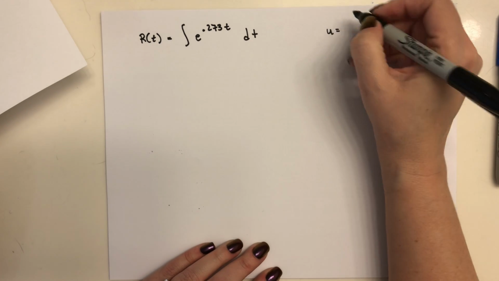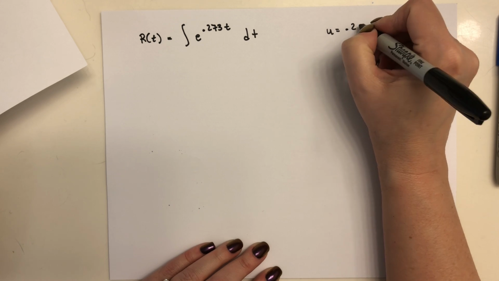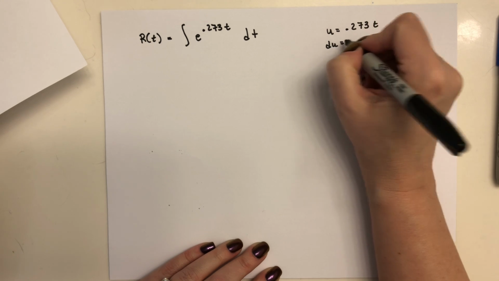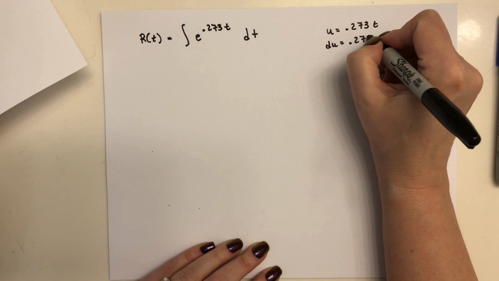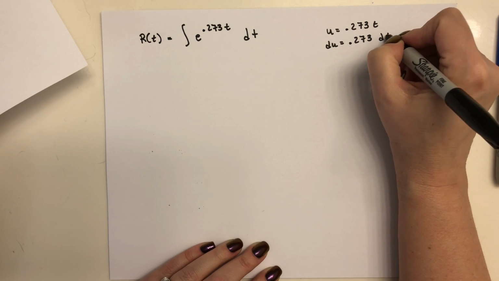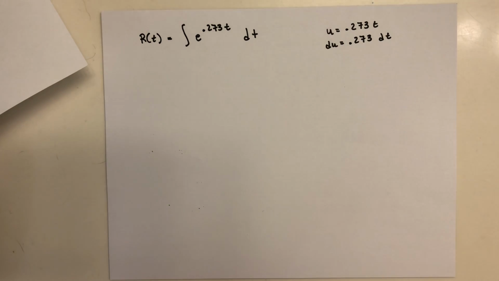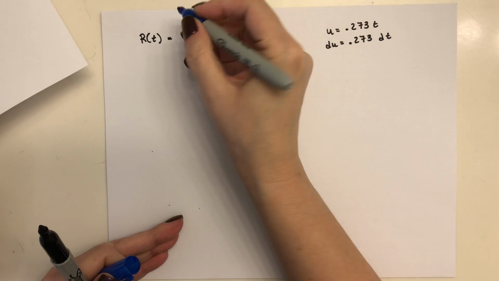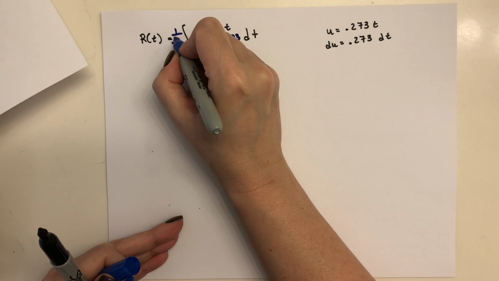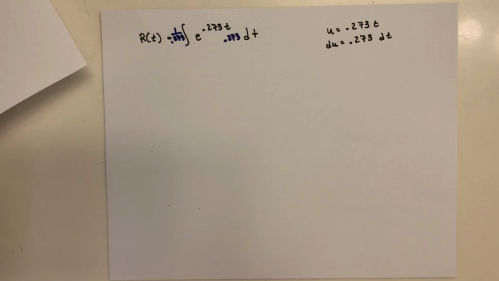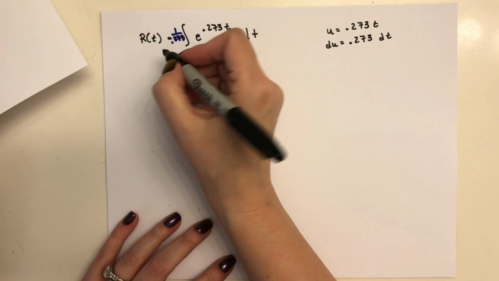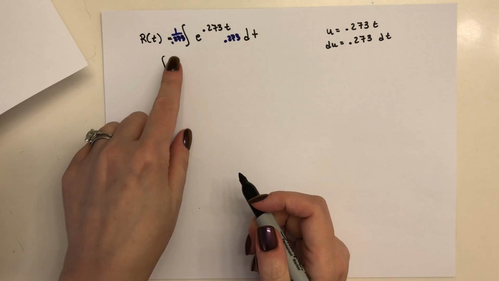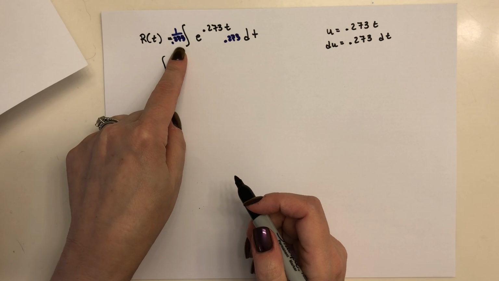Over here on the side, I'm going to let u be equal to my exponent, and then I'm going to take the derivative of that. We do not have those values, so let me just put that in there, 0.273, which means on the outside I'll do 1 over 0.273. They kind of compensate with each other. Now when I rewrite this, if you want to turn that over to a fraction, it's pretty easy to do.